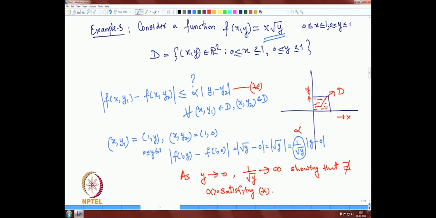So, the conclusion is that the function f(x, y) given by x square root of y is not Lipschitz on the given domain D. Therefore, this function is not Lipschitz continuous, not even locally Lipschitz continuous on D.